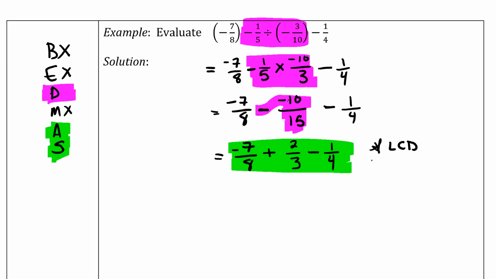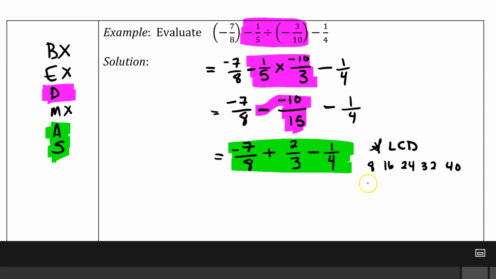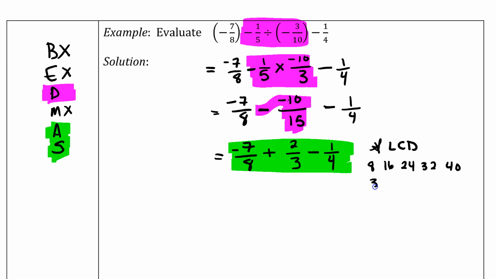Now, since there are 3 numbers, I'm not going to multiply them all together, because that's some people's technique with only 2. I'm literally going to do like I did in my other video with finding the lowest common denominator and just writing out all the multiples. So 8, 16, 24, 32, 40. Let's see if we can find one before there. 3, 6, 9, 12, 15, 18, 21, 24.